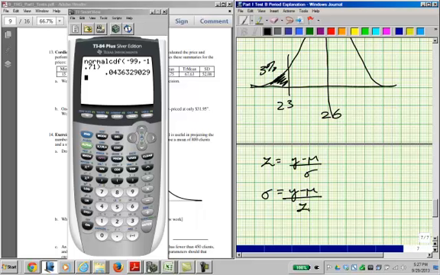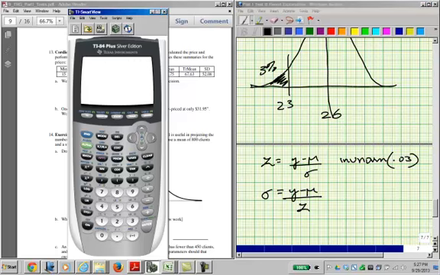There's no way to find z other than inverse norm. So we're going to do an inverse norm on 0.03. And then we're going to plug that into our formula, and that'll give us our standard deviation, because we know that y minus mu is negative 3. So inverse norm of 0.03 is negative 1.88.